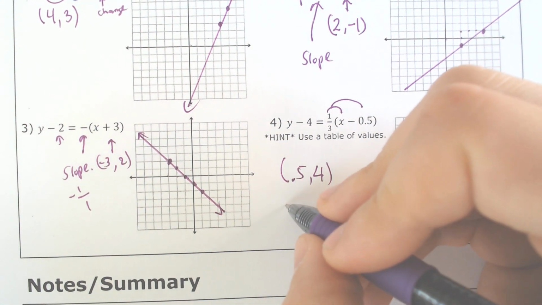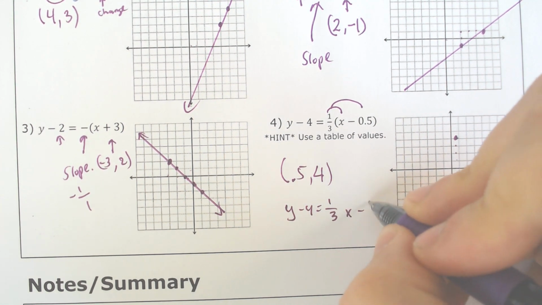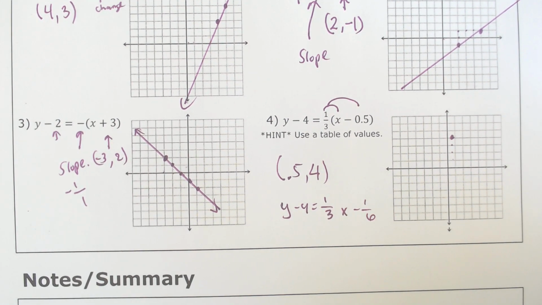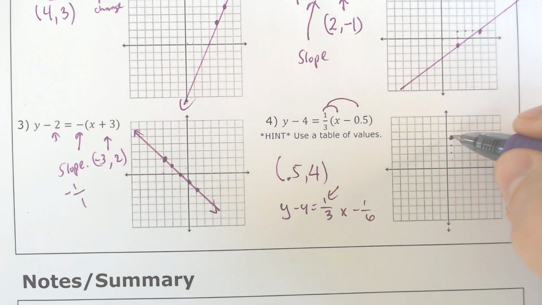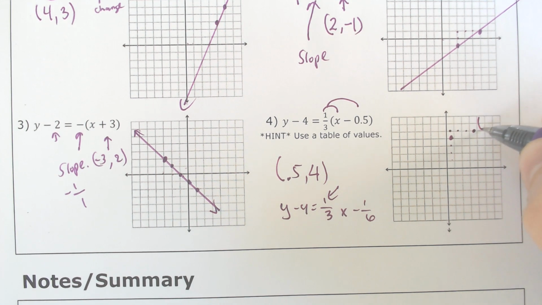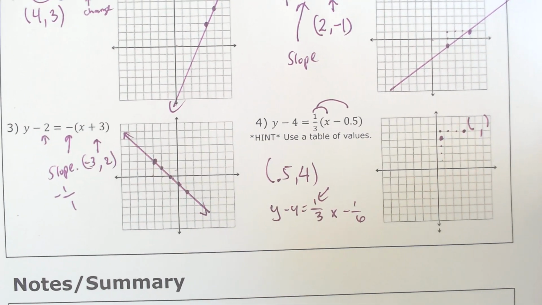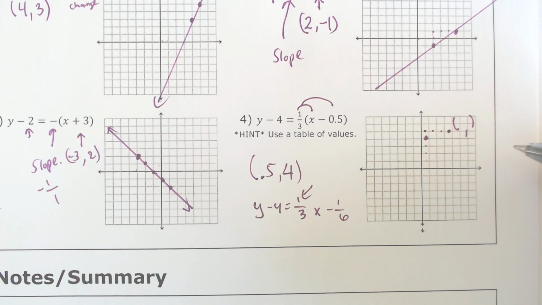If we distribute this, we get y minus 4 equals 1/3 x minus 1/6. And then you got to add 4 to that. It just doesn't seem like it's going to be a beneficial thing. But we do know that the slope is 1/3. So if we did go up by 1 and over by 3, 1, 2, 3, what point would that be? You can create a table of values by plugging in things, but you can also create a table of values by really being careful with your counting and your slope.